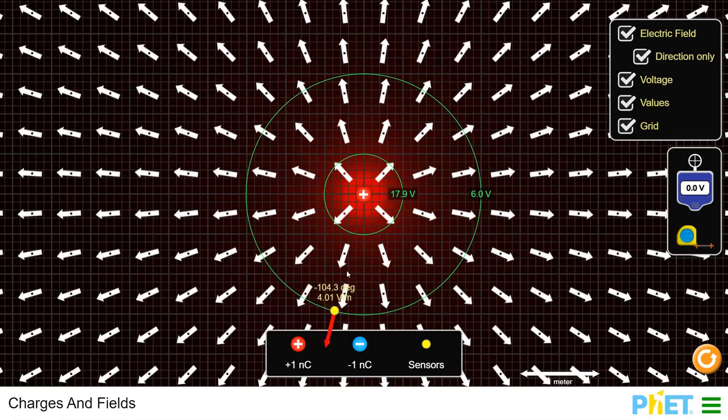There is just some variation, since I'm not moving on a perfect circle. Our equipotential is a perfect circle, but the way I move the sensor is not, so there is a slight variation in the value of our electric field.